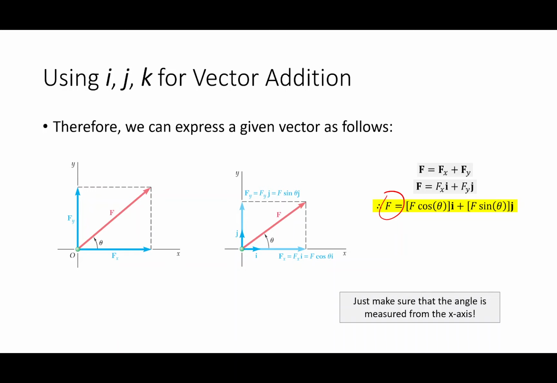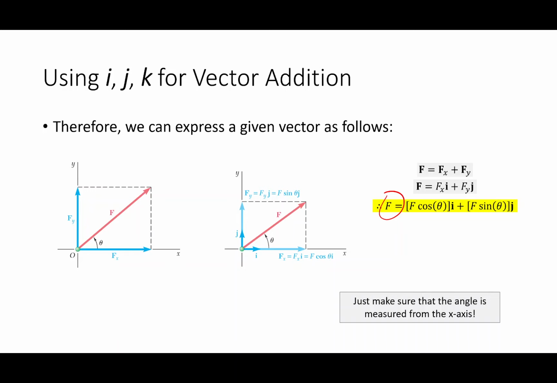And those piles of junk are the respective magnitudes along the x and y axes. By multiplying them by i and by j, what we're saying is this is the magnitude along the x-axis for i, because that's what i is. The i says that is the direction. The direction of the i vector is along x. The direction of the j vector is along y. So that's how we get our magnitude and direction.